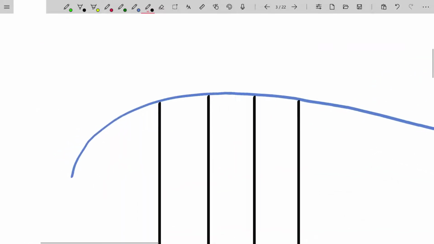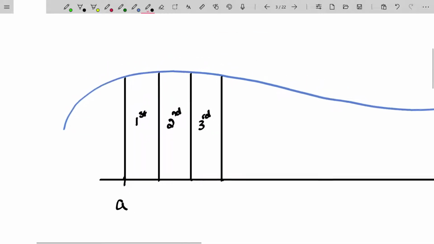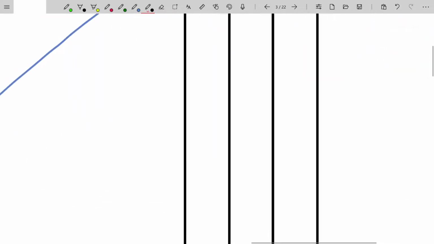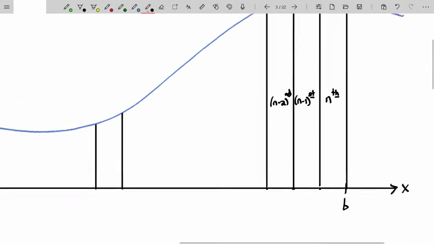And we called each of our slices by names. For example, this would be our first slice. Here's our second slice. Here's our third slice, and so on and so forth down the line. Now remember, we had n of these sub-intervals, so this last slice would be my nth slice, and the slice right before that would be my n minus first slice, and this would be my n minus second slice, and so on and so forth.